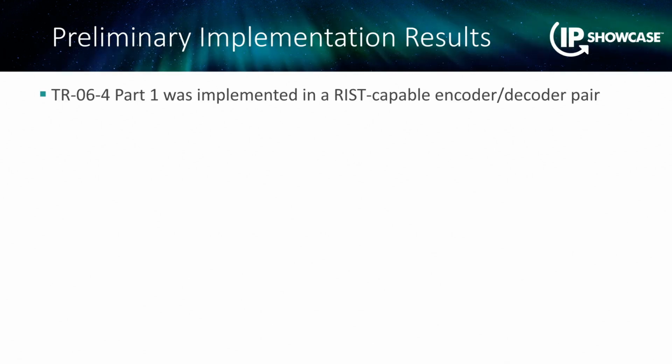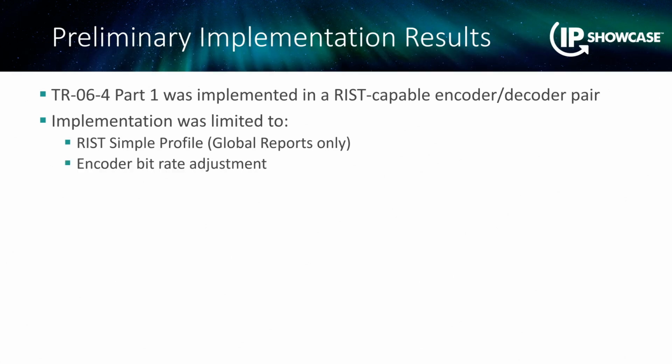All right. It's all theoretical, right? Cobalt has not gone and implemented this. So I'm going to show you actual results of the TR implementation. So we implemented part 1, DR6 for part 1, in a RIST-capable encoder-decoder.